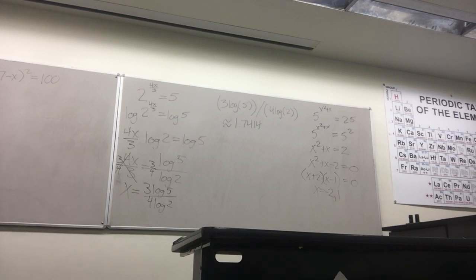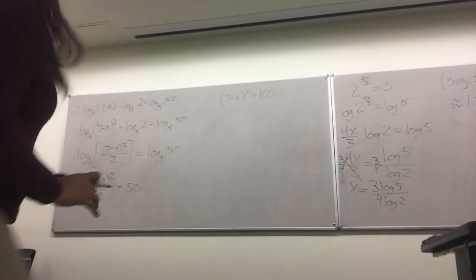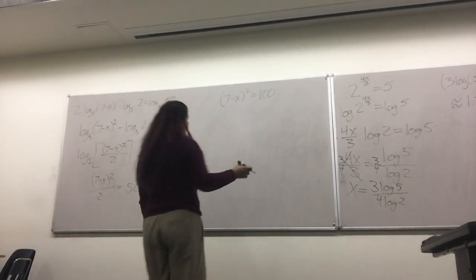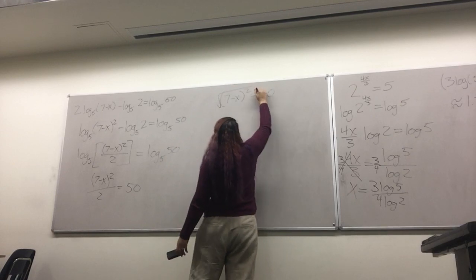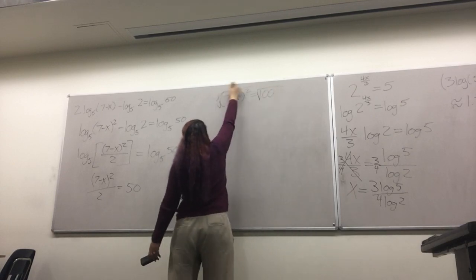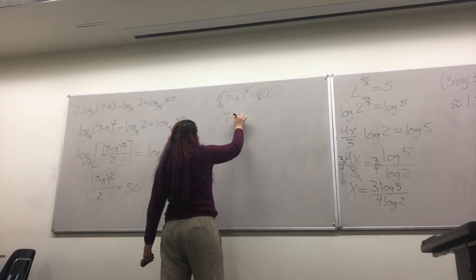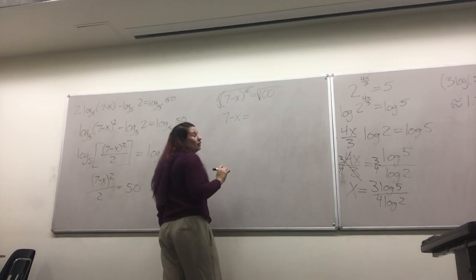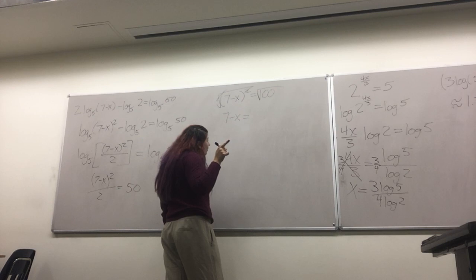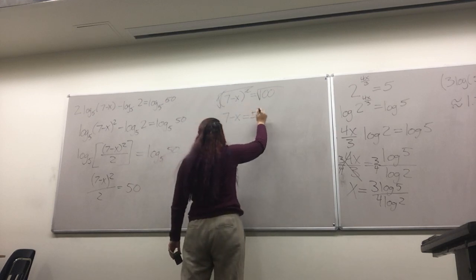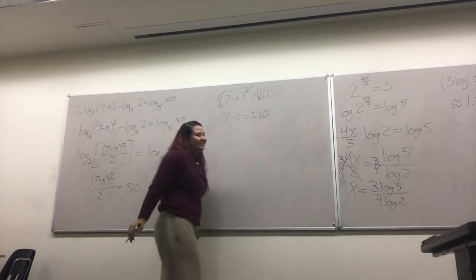Yes, we can use the square root. So we can use the square root rule. We take the square root of both sides. This cancels to give us 7 minus x equals 10. Not just 10, plus or minus 10. That's the only reason I don't like that rule.